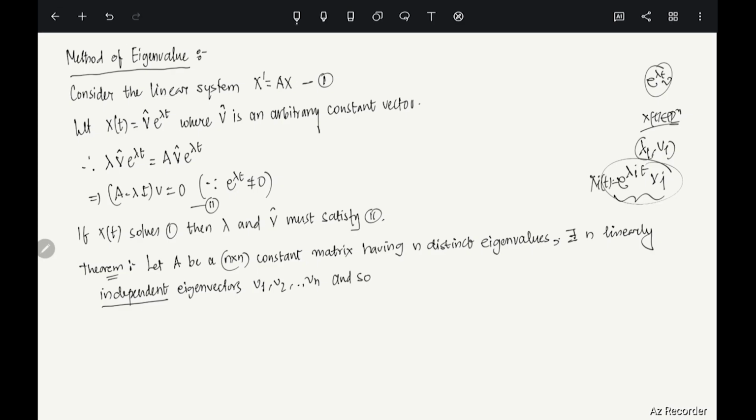Since A is an n cross n system, the solution space is of dimension n.